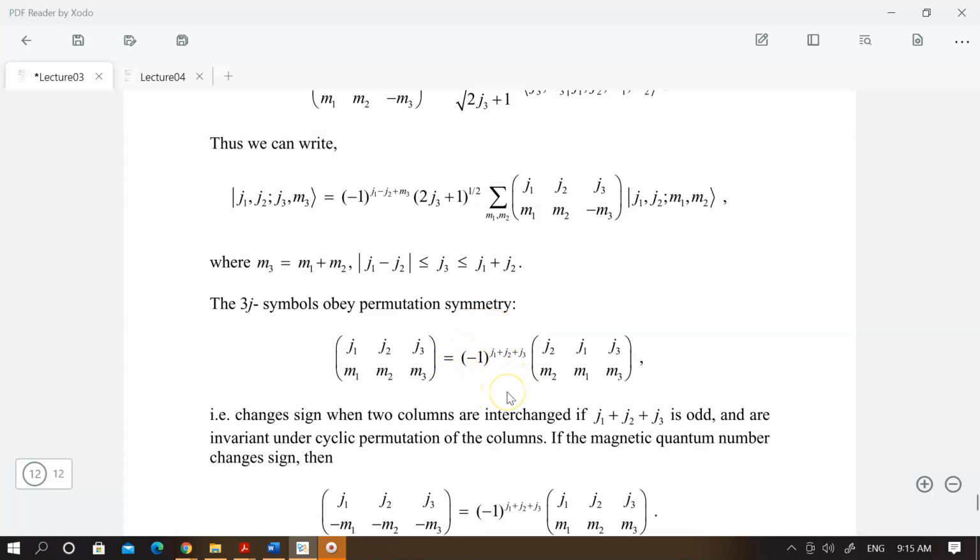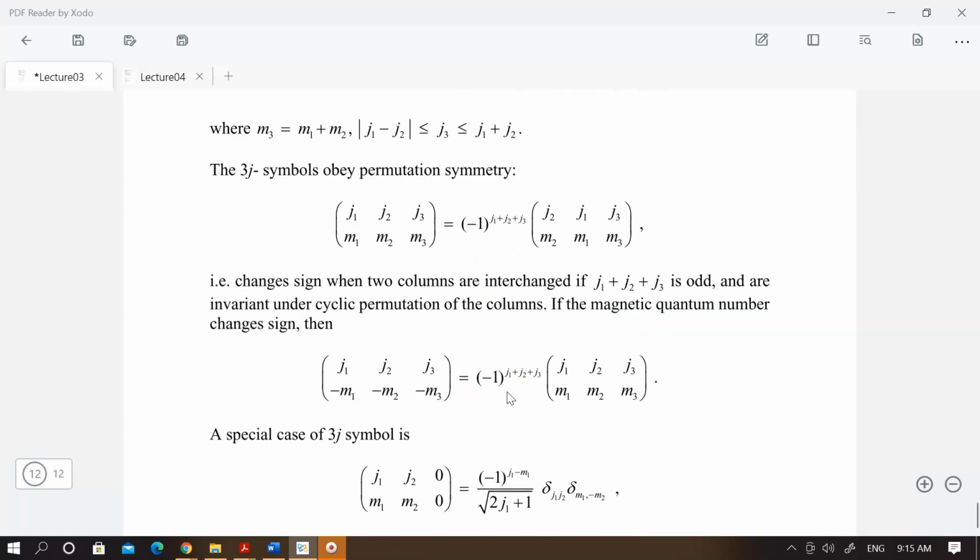The other thing is, if you flip the sign of your M1, M2 and M3, remember that M1, M2, M3 will also have the negative version, and again you have a phase relationship between the two 3J symbols.